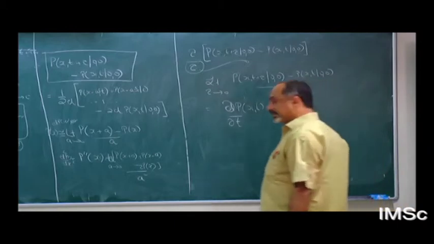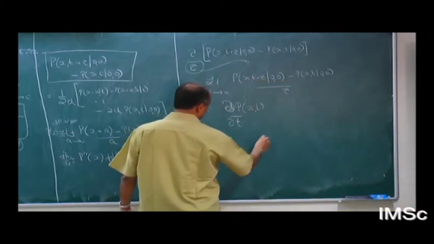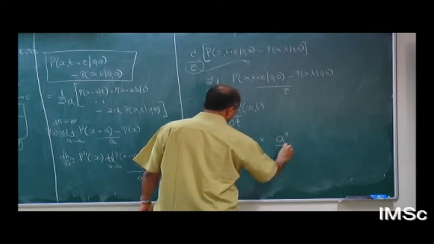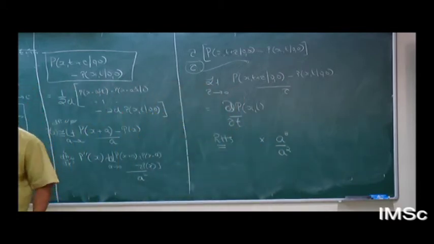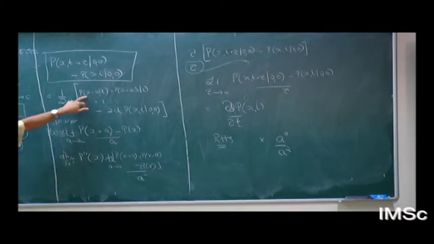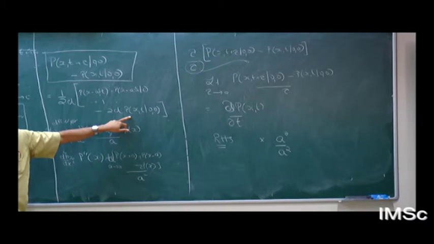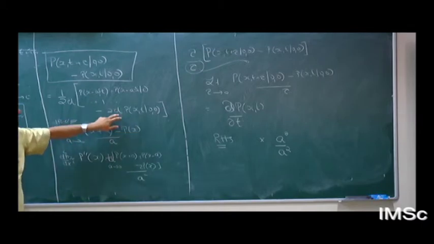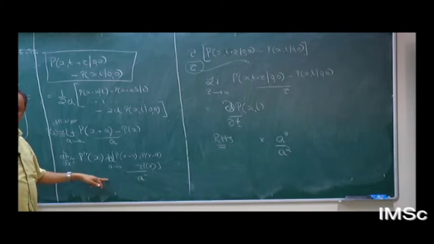On the right hand side, I multiply and divide by a factor of a squared. And now I combine each of these terms, p of x plus a, p of x minus a, minus twice p of x. And you see there's always enough terms in this to be able to make use of this particular formula for d2p by dx2.